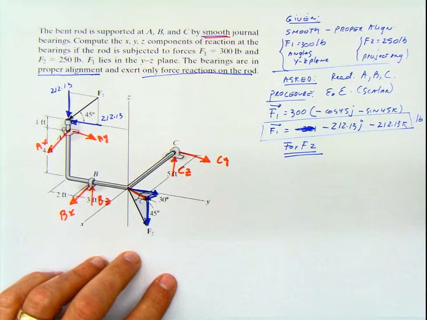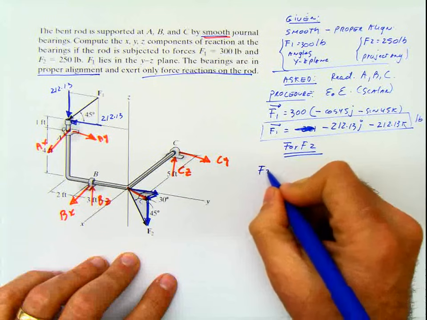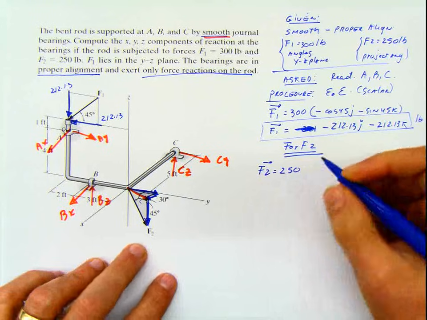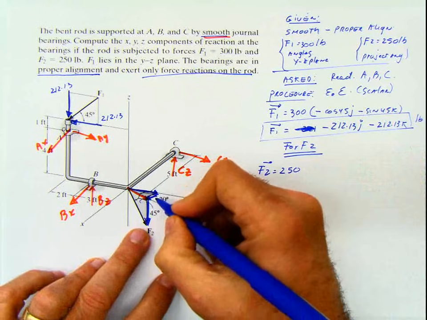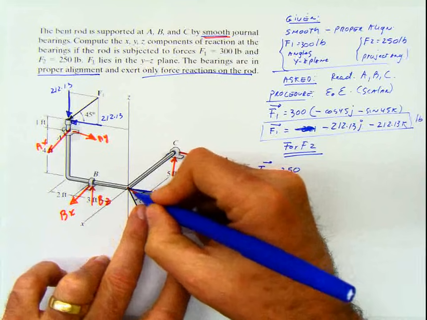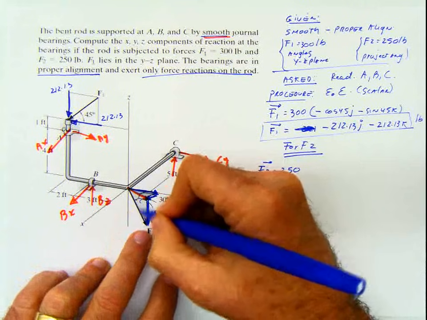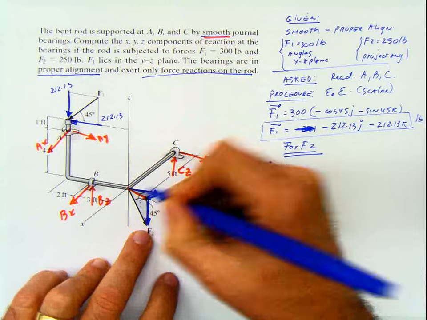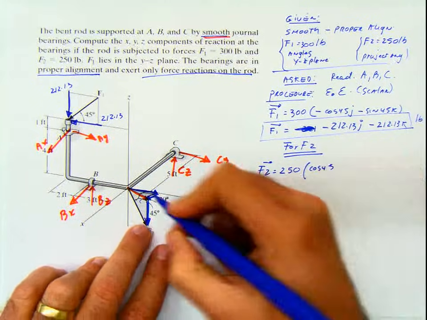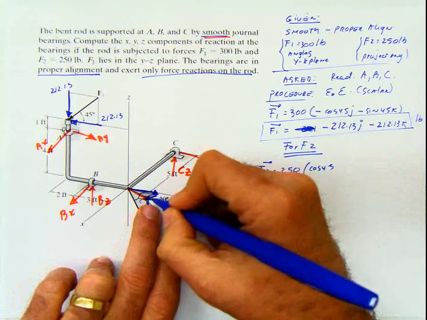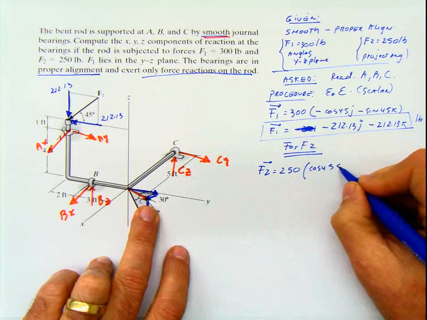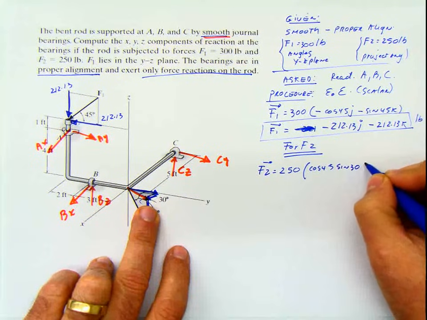So let's do that. F2 has a magnitude of 250 multiplied by, let's start with the x direction. X direction is this, but first I have to calculate this. What is this? This is F2, and this is cosine of 45. And when I put it here, it's sine 30. Cosine 45, sine 30 in the i direction.